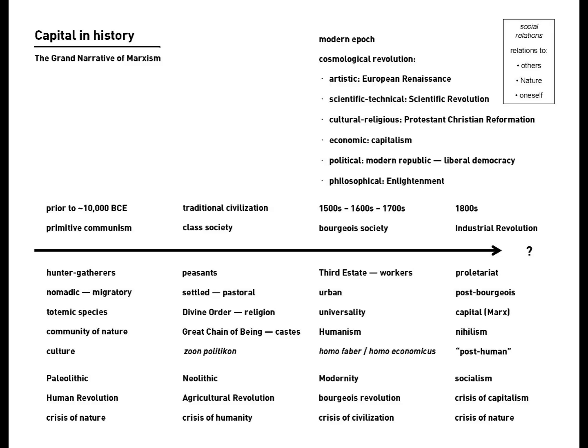So I mentioned Plato and Aristotle as ancient thinkers. Plato's Republic, Aristotle's Politics. Aristotle is the one who coined the term zoon politikon to describe humanity. So humanity is not merely a social species, not merely a social animal, but the political animal, a political species.